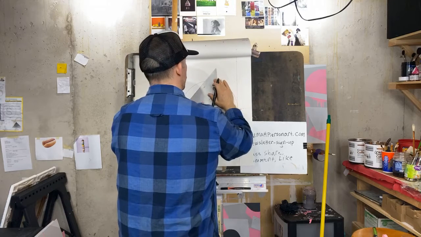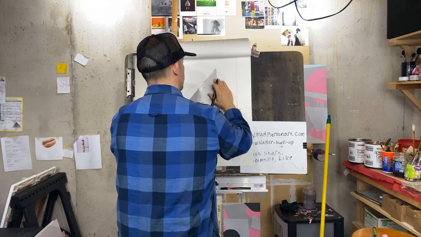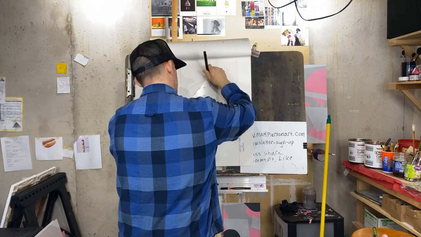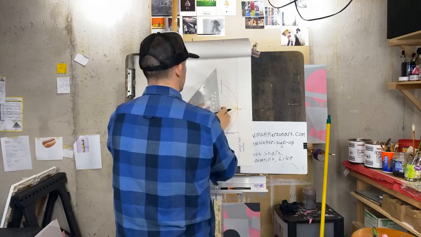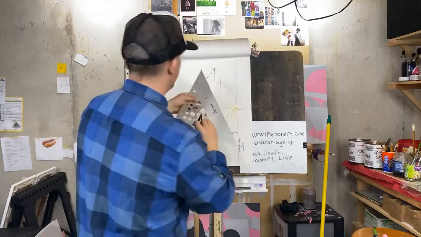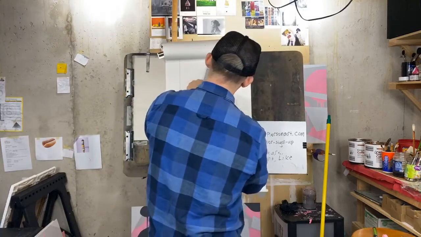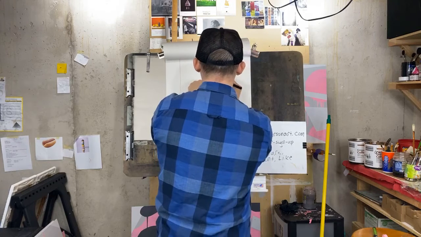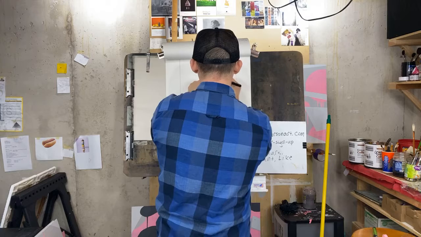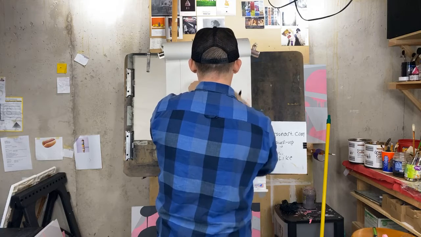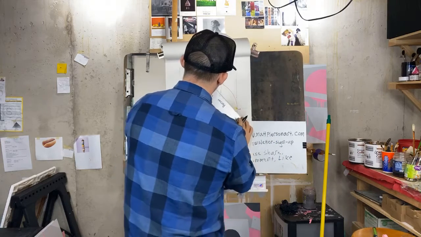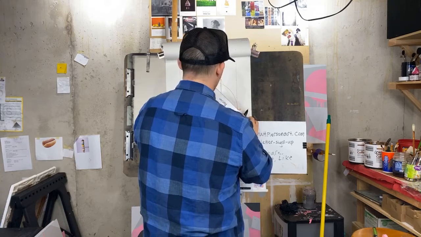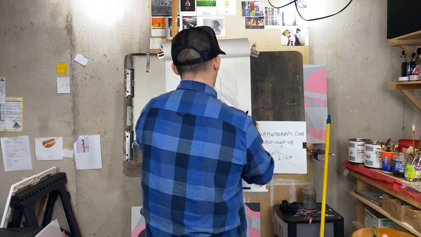Got to leave a little bit of room because the marker is not as fine tip as you think it would be. Got to do this side as well. Doing another line of convergence on the bottom to establish that bottom plane of this box form.